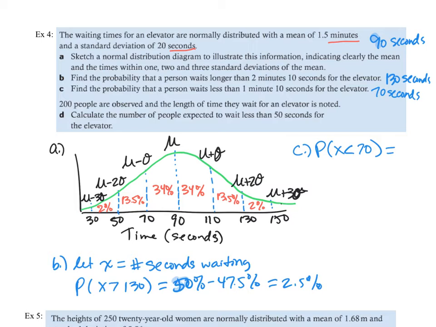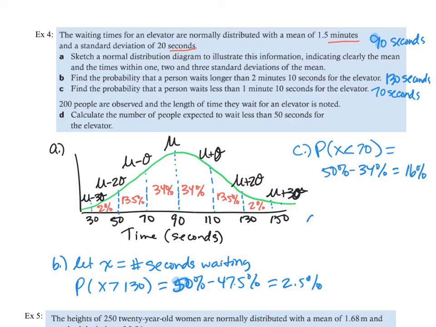So we're going to take 50%, and we're going to subtract that 34%. Again, we're taking this whole half of the bell-shaped curve, we're subtracting this much of it, and that will leave us with the probability of a person waiting less than 70 seconds for the elevator. So that turns out to be 50 minus 34, which is 16%.